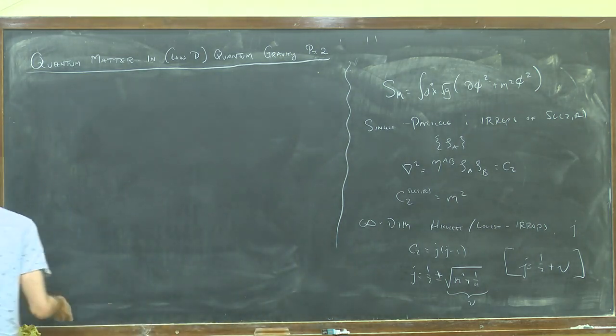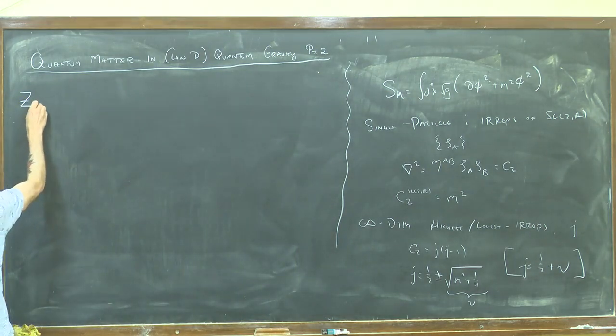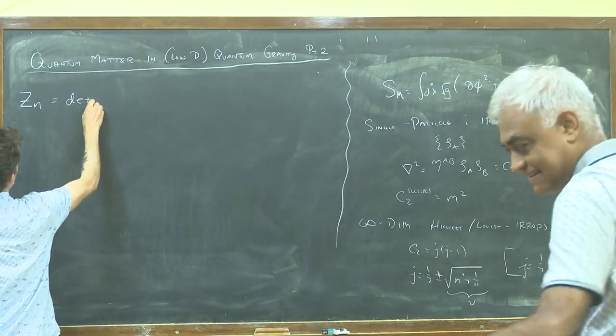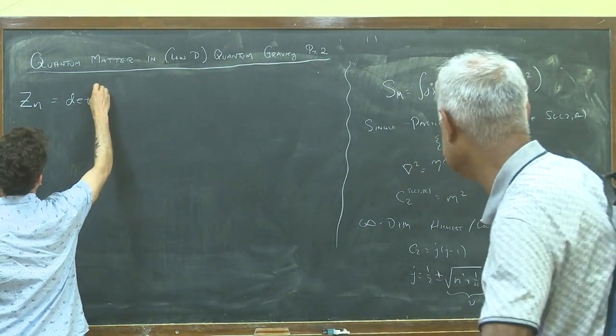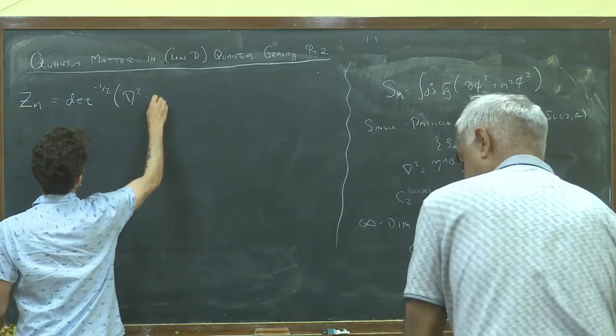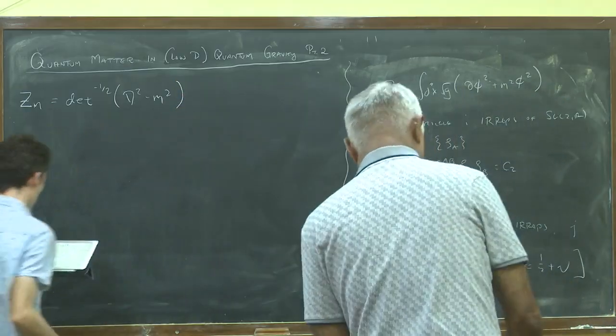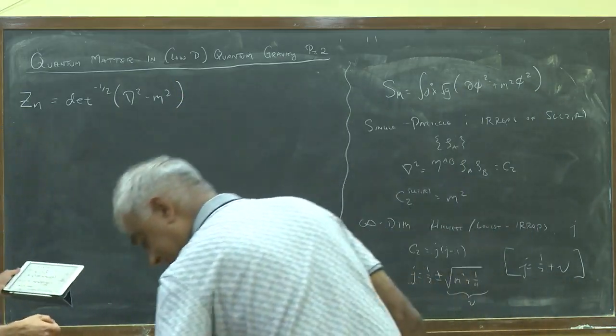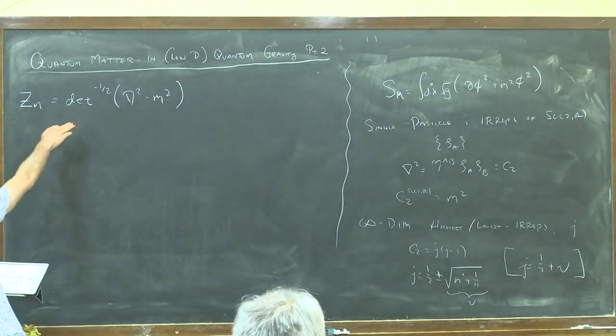Okay, so the one-loop partition function, which we'll call Zm, is nothing but the functional determinant of this Casimir, or this Laplacian minus m squared. And I had claimed previously that this could be realized as a topological operator.